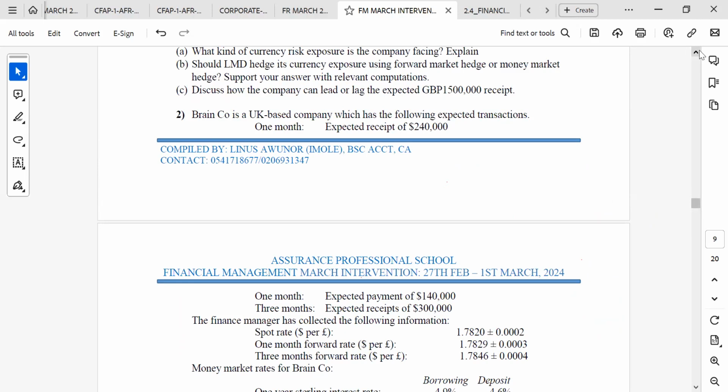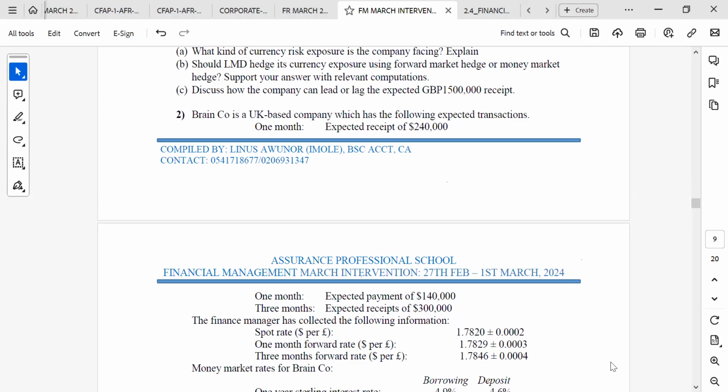At the same time, we are paying 140,000. So what is the net amount? 100,000. So you will be receiving only 100,000 because you are paying. You are receiving 240 and you are paying 140, so you calculate it for only the 100,000.